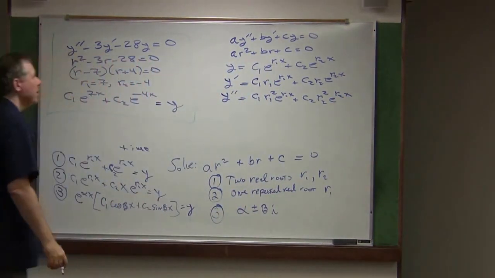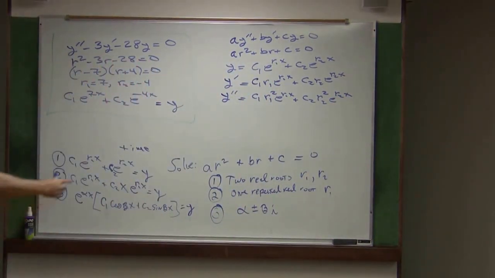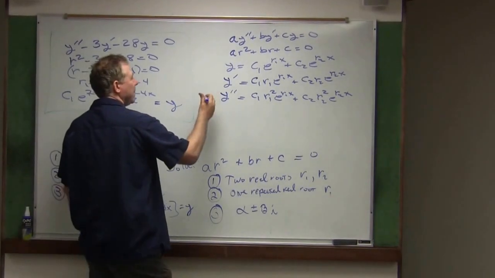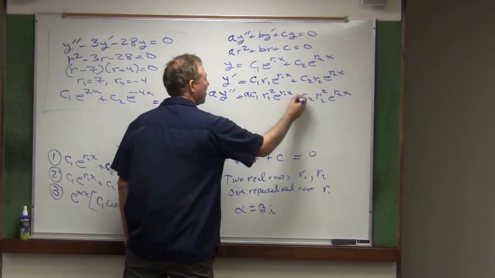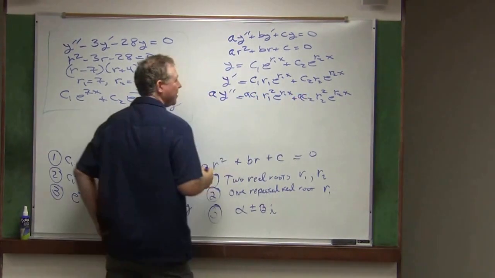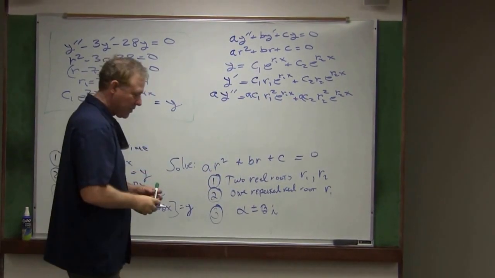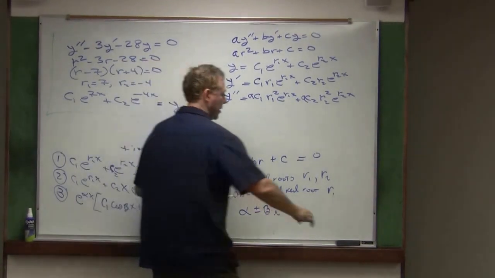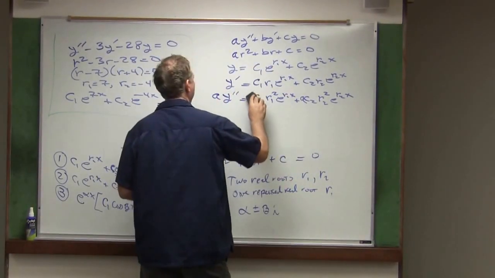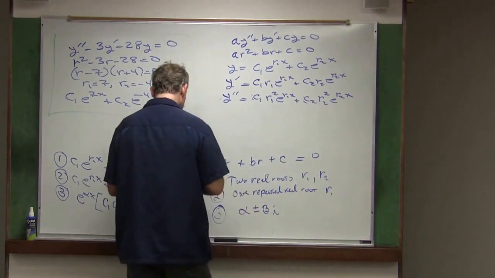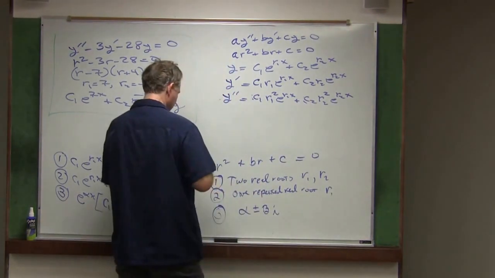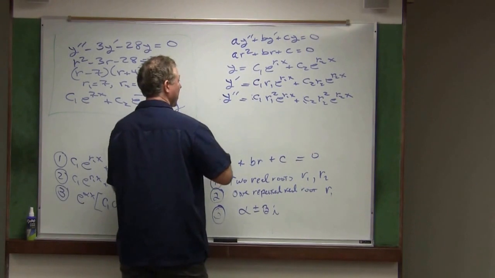Okay? Now let's multiply this by a. So a y double prime is, I'm sticking an a here, I should do that in a different color probably. Let's insert the a here in green, so you can see it a little bit better.